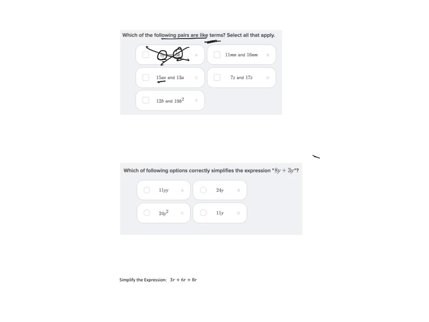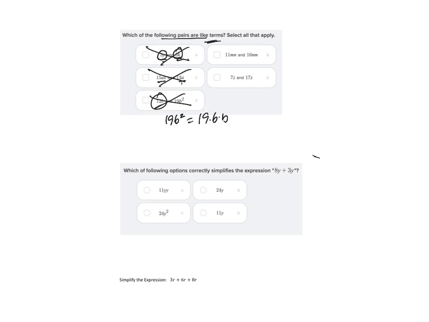And then this one has ax, and this one just has an a. So the x is missing off of the 13a, so we can't consider that one. And then this one, you've got to remember that 19b squared is 19 times b times b, and this is only one of those b's, so this can't be it.